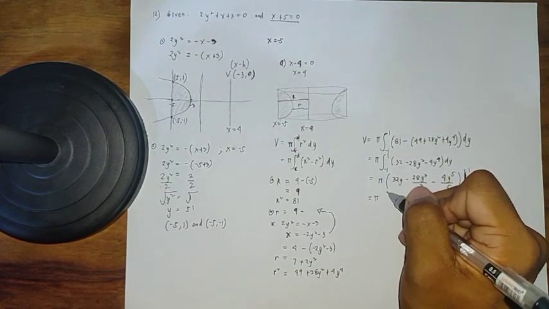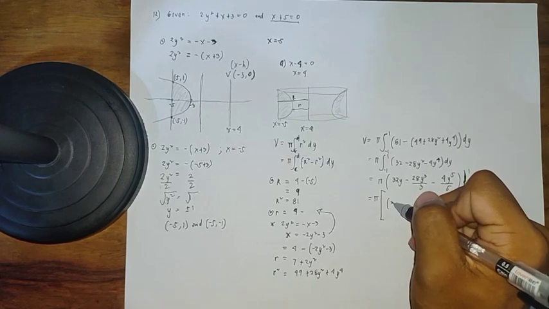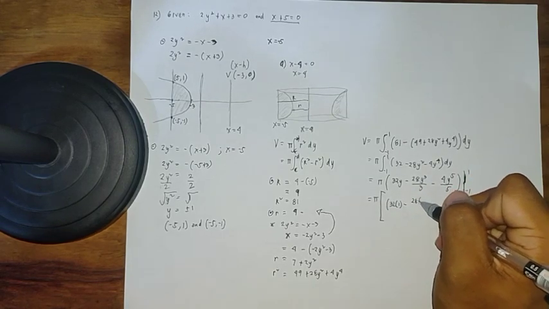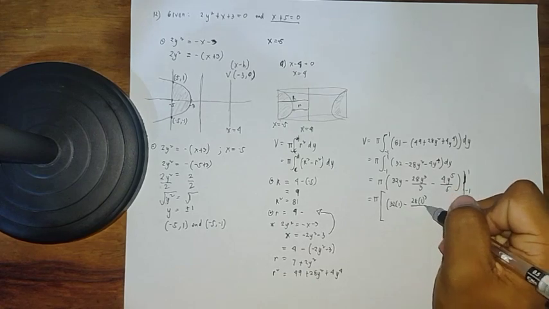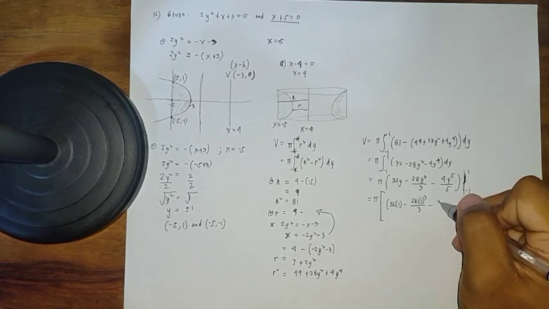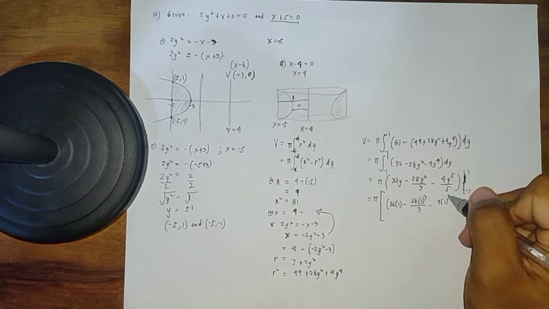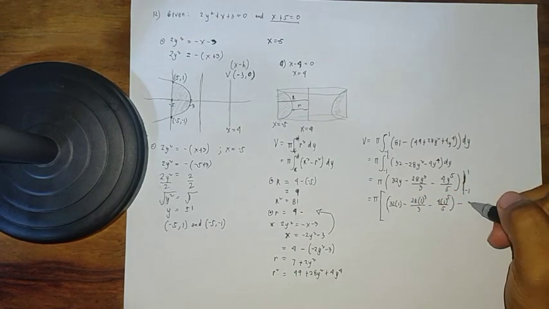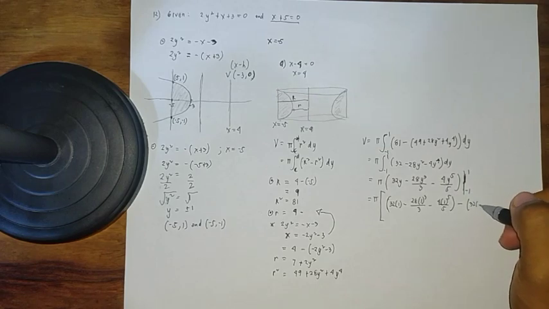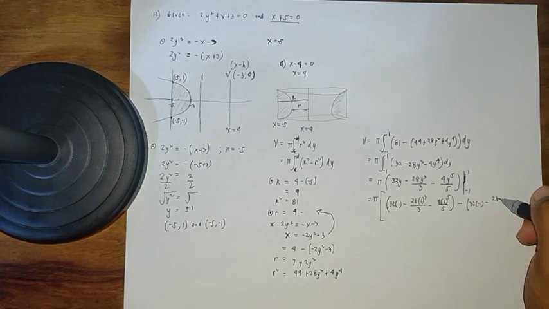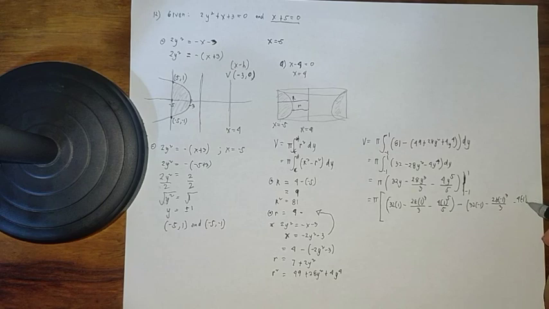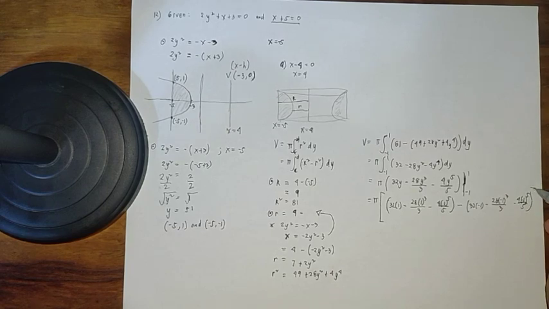So, pi times the quantity 32 times 1 minus 28 times 1 raised to 3 all over 3 minus 4 times 1 raised to 5 all over 5, minus yung negative 1 naman, so 32 times negative 1 minus 28 times negative 1 raised to 3 all over 3 minus 4 times negative 1 raised to 5 all over 5.